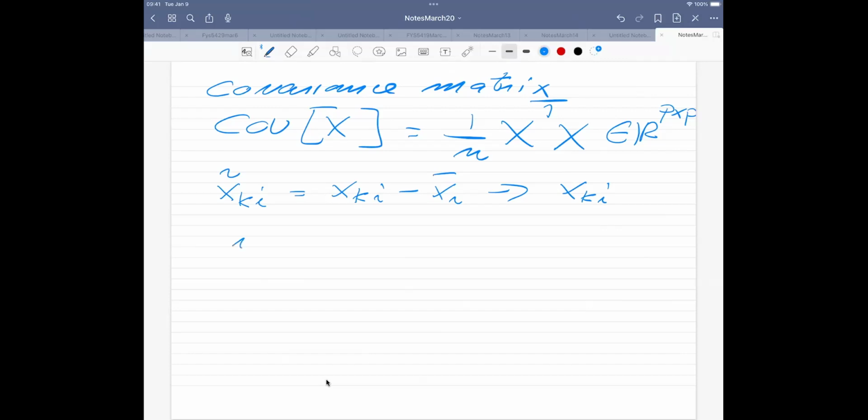That means that the variance of a given vector, which I write like this, is actually given by 1 over n, and I'm summing over k, and I have these quantities xki squared. That's the variance. Now, the correlation matrix is often used because the variance itself can become a huge number.